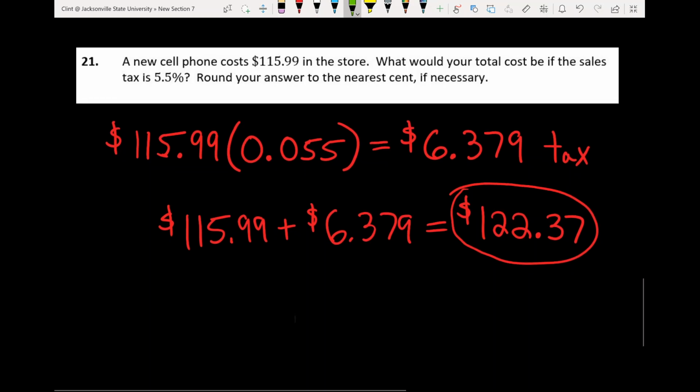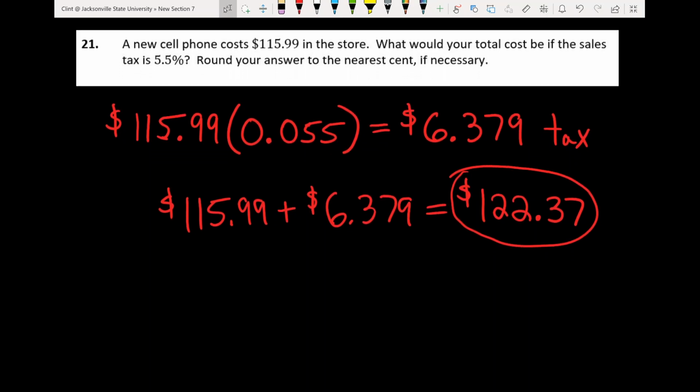Alternate method to work this one too. It's the same idea as the last one. So 115.99, right? That's the 100% of the cost. And we also have to pay an extra 5.5%. So we could do 115.99 times, we're paying a total of 105.5%.